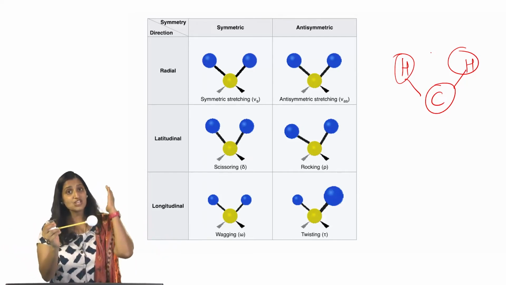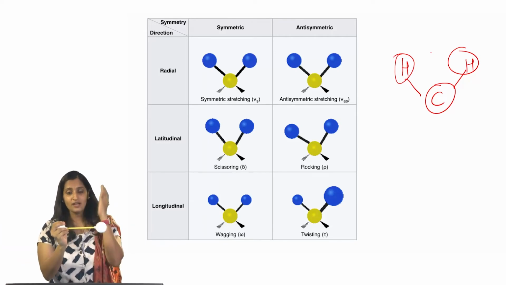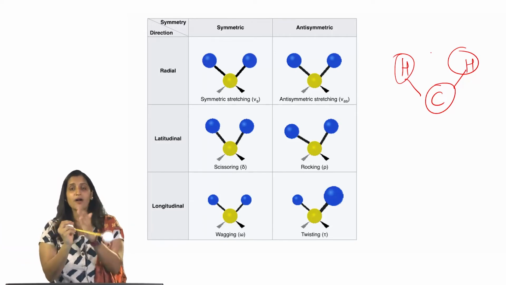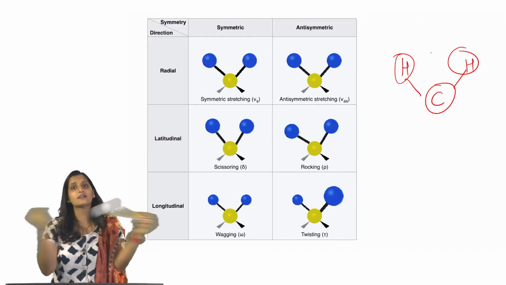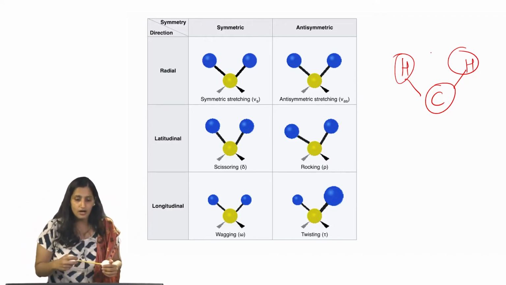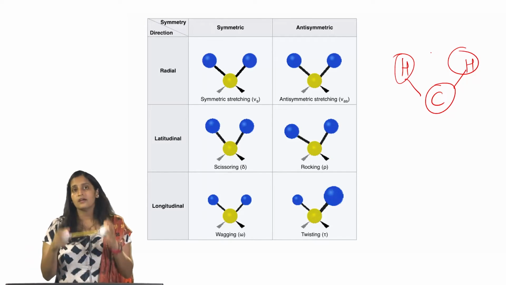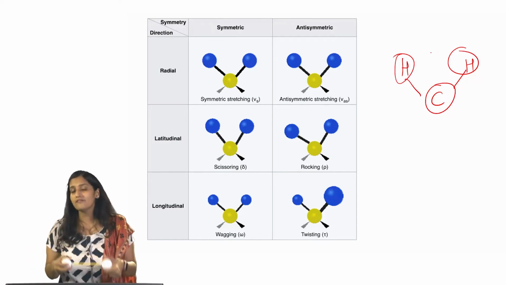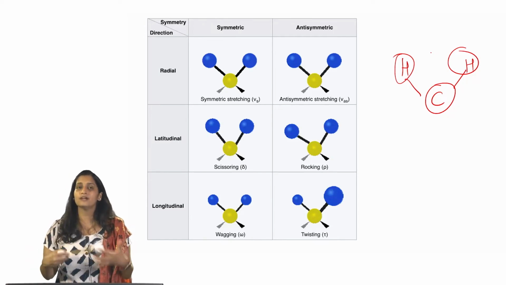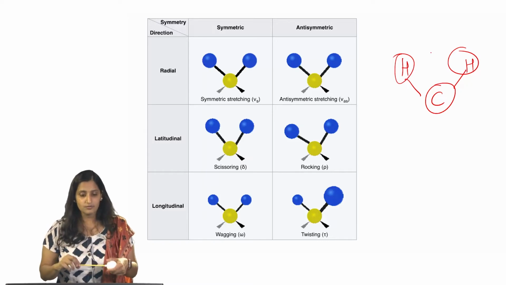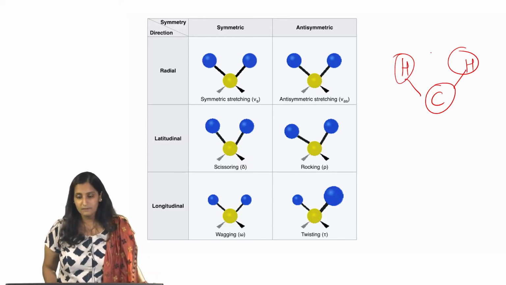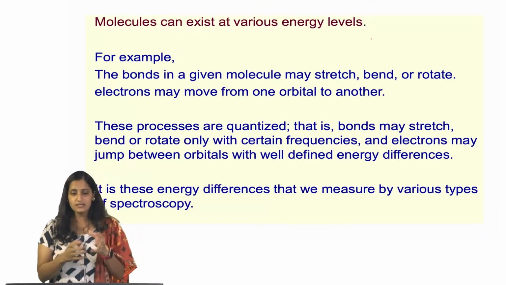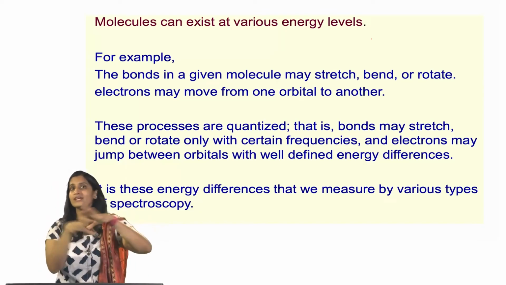But now if I shine energy on this, what's going to happen? This bond or the electrons are going to get energy, and that's going to start vibrating much faster, and depending on the amount of energy that we are putting in, different kinds of transitions can be carried out in a particular molecule. So, the molecules can exist at various energy levels.